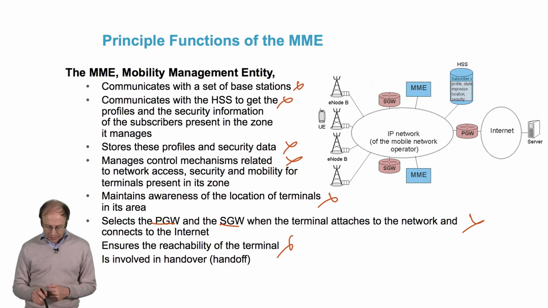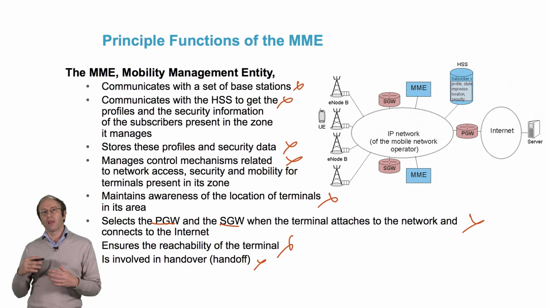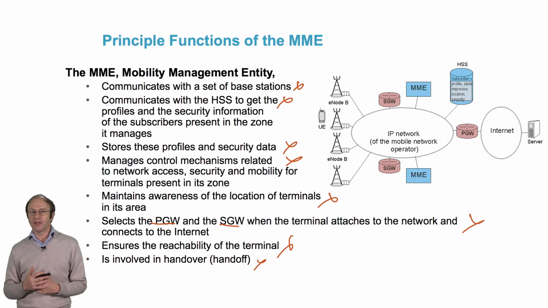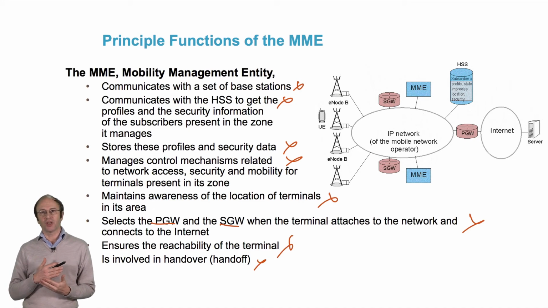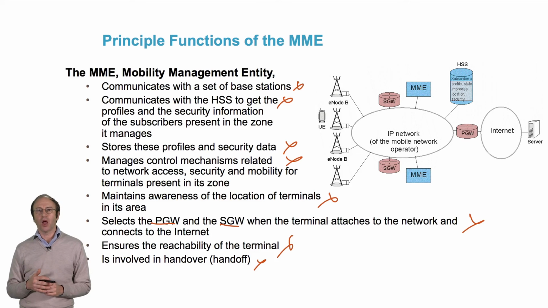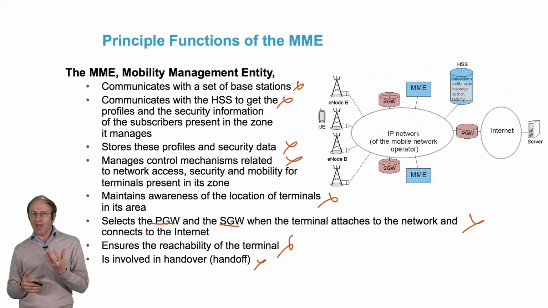Finally, it is involved in what is called handover or handoff, that is, the possibility of keeping a session active when the user moves and changes cells. We can see that the MME is a very important piece of equipment in the core of the 4G network.